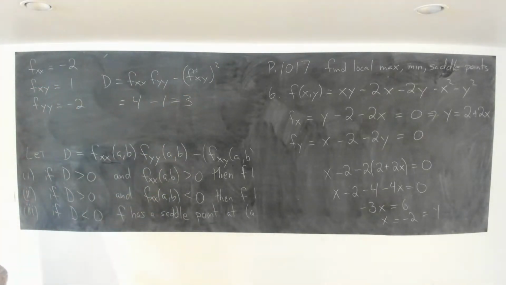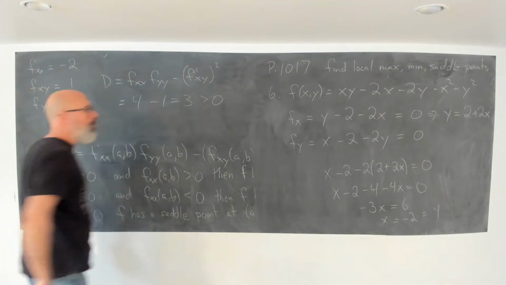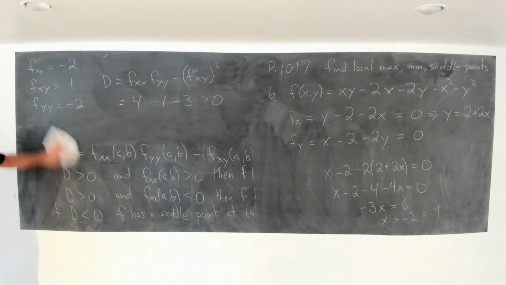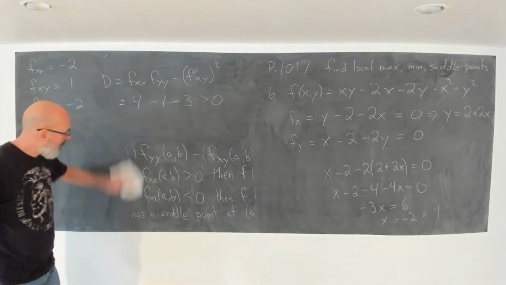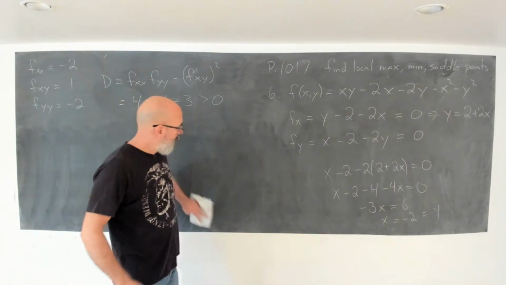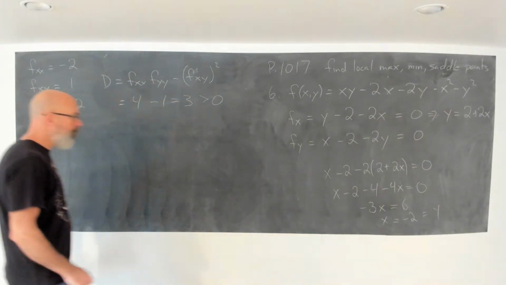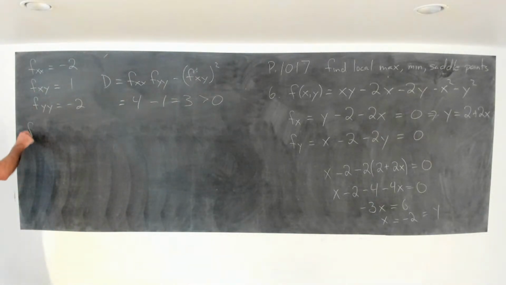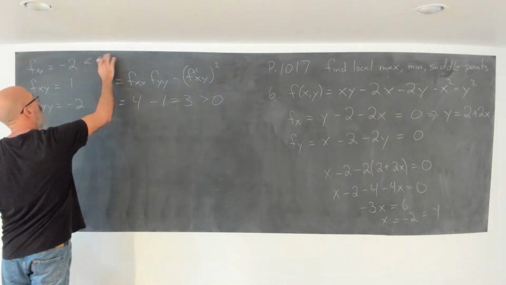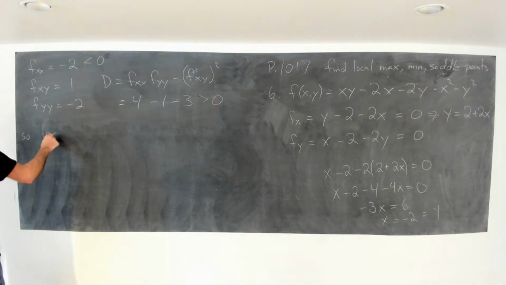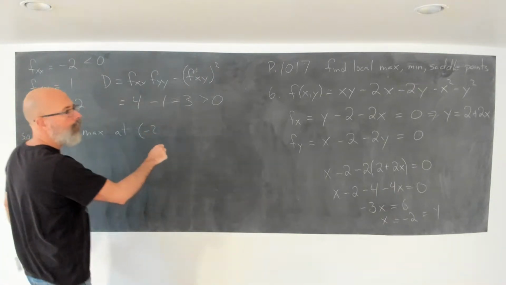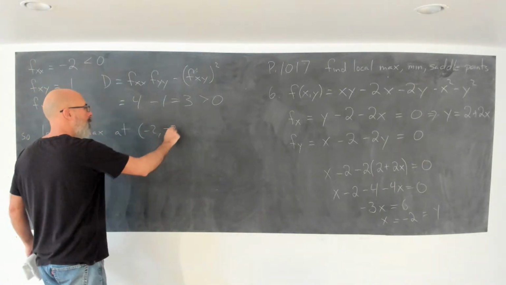So that's bigger than 0. So now it'll depend on the second derivative of f with respect to x. fxx, we have it here. This is less than 0. So local max at, what was it? -2, -2.